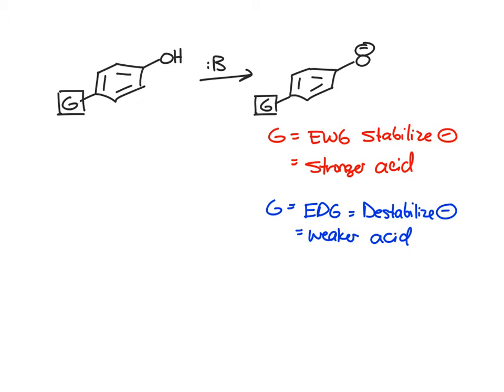So let's just look at a few examples of different groups on the ring. Here we have an ethoxy. Let's do just phenol as a standard of comparison.